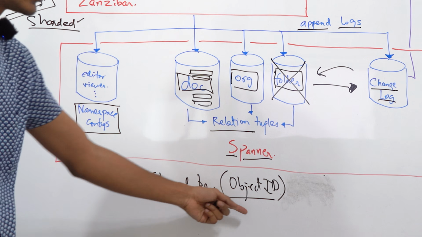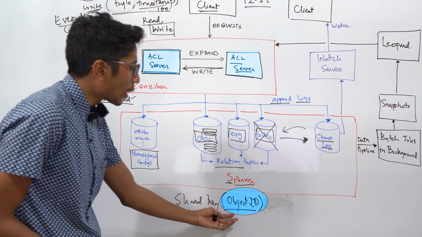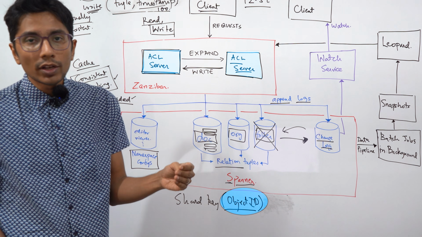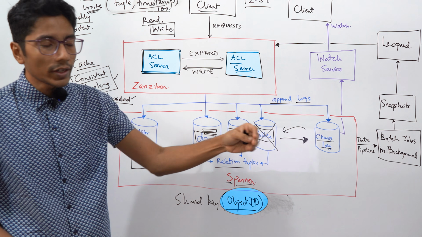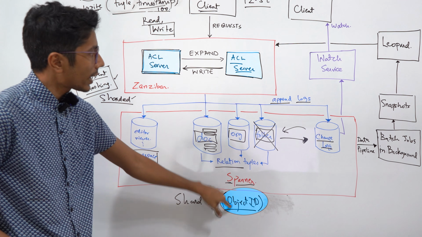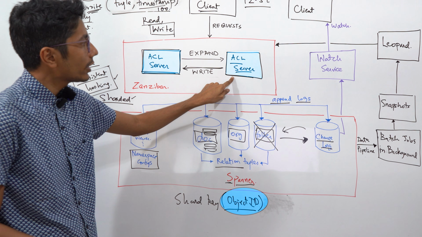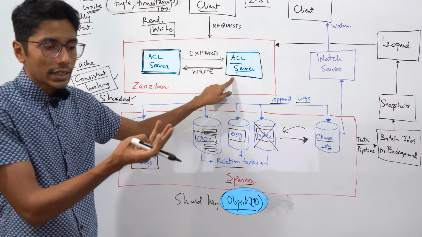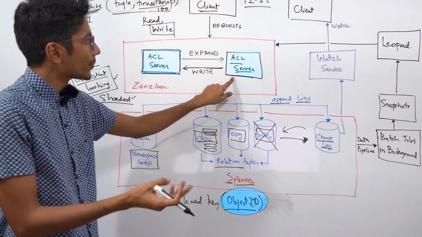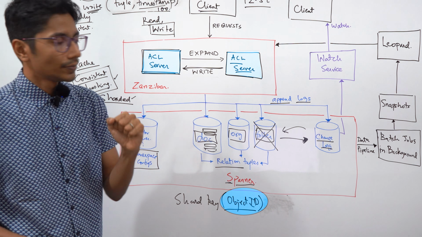So the shard key is just the object ID. Now I can easily query for all the people who have view access on this document. The document is the shard ID. I'll find that shard, then find all the relations from that shard which are either viewer or editor or owner, and then I'll get all those users.